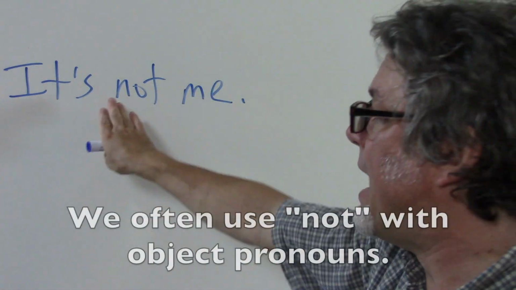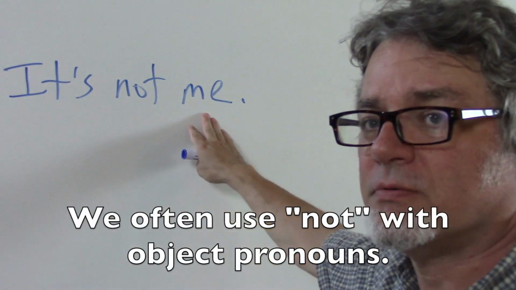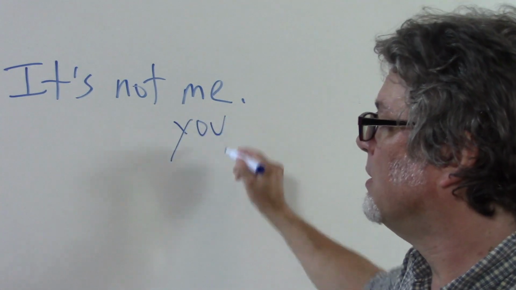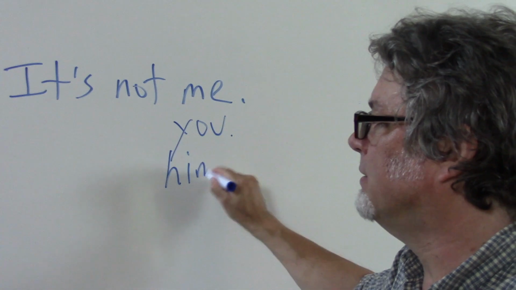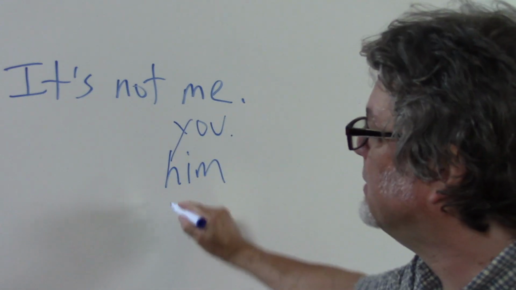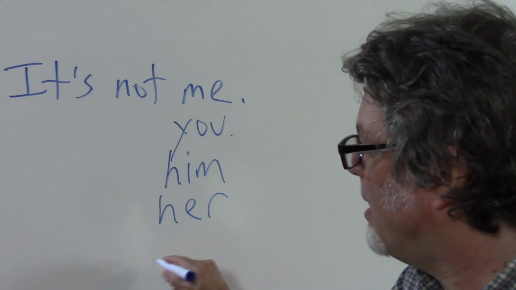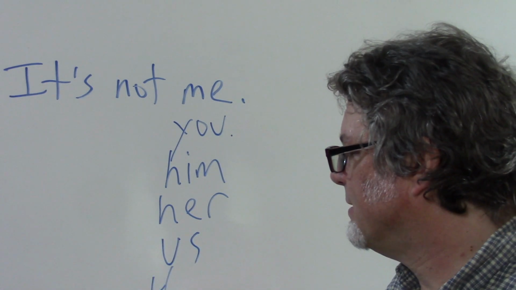We often use not with object pronouns. It's not me. It's not you. It's not for a man. It's not him. For a woman, it's not her. It's not us, or it's not them.